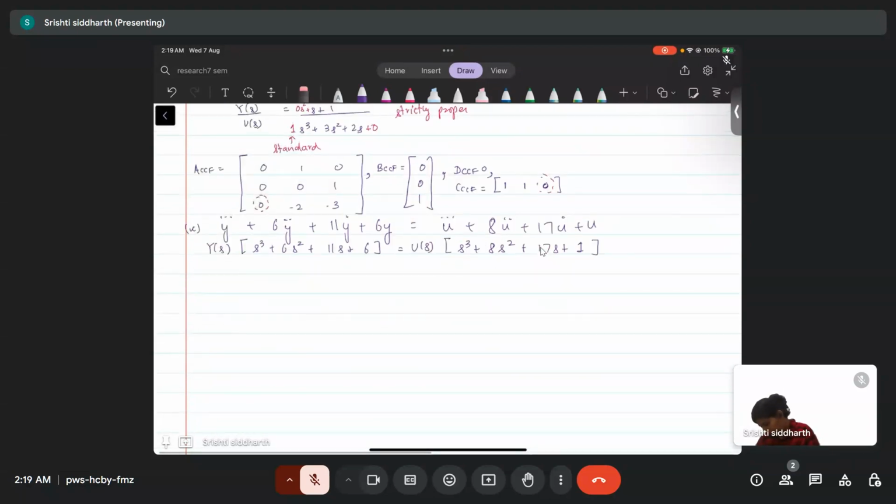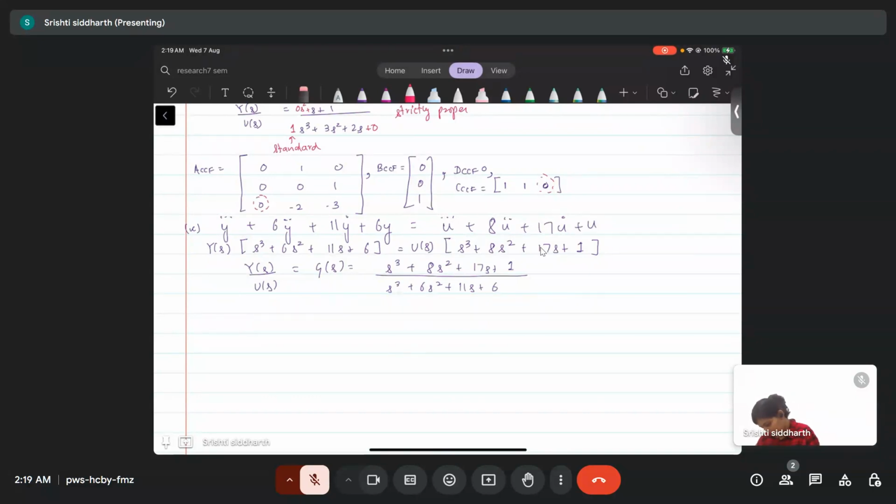Now we can just form the transfer function. This is G(s) over s cubed plus 6s squared plus 11s plus 6.